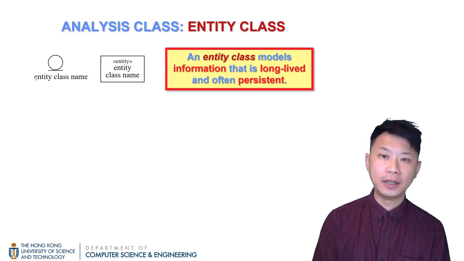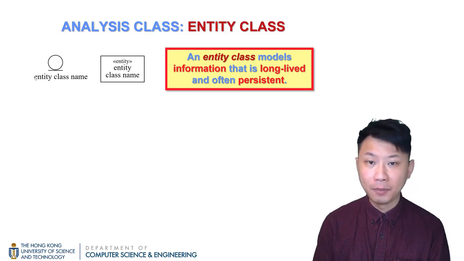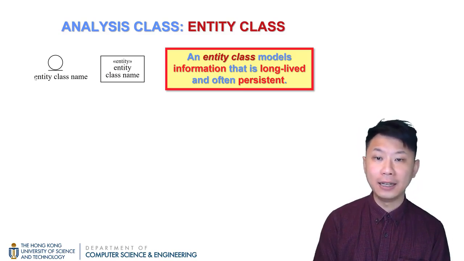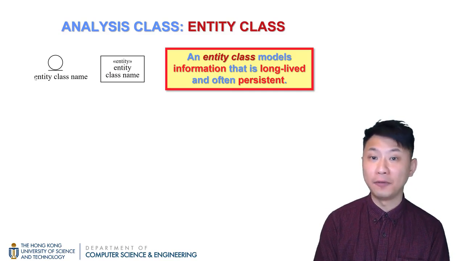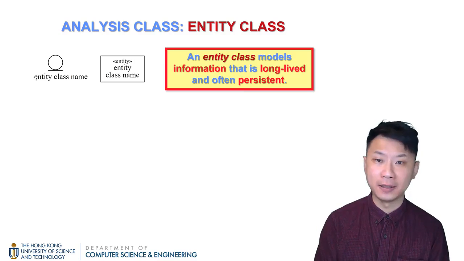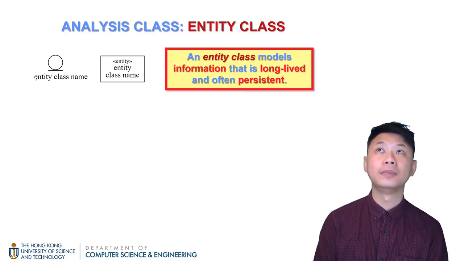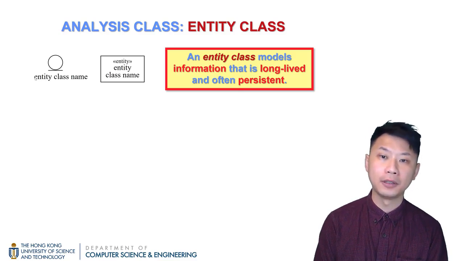And another type of analysis class is what we call entity class. An entity class models information that is long-lived and often persists within the system. So we focus on data that persists within the software system. And it's not difficult to identify entity classes from the domain model that we have built for the software system.